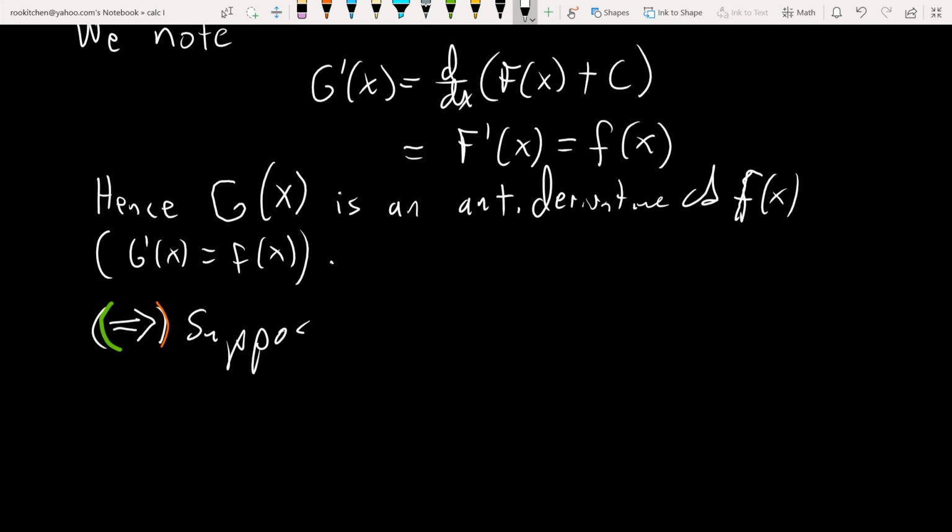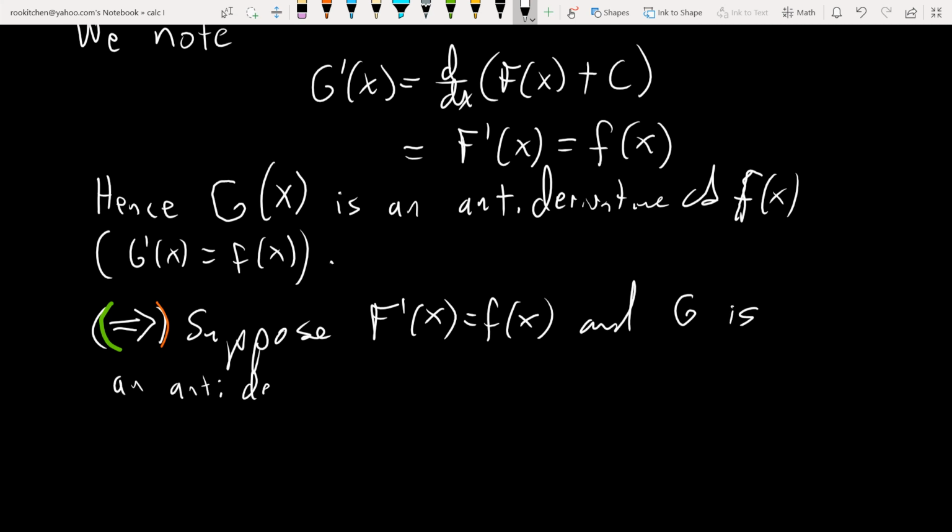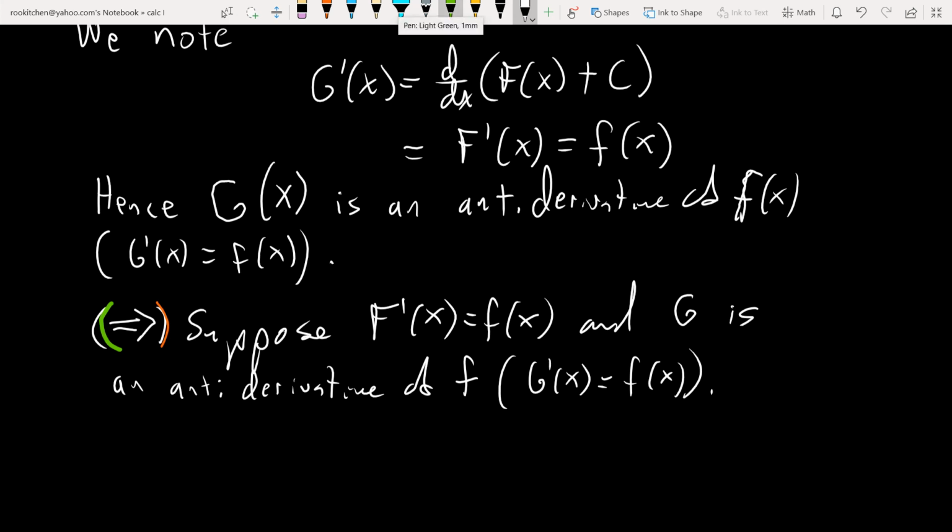Suppose that F prime of x again is equal to f of x, and now that g is an antiderivative of f. In other words, g prime of x is also equal to f of x. Okay. So in this case, what we're going to do is fabricate a new function.